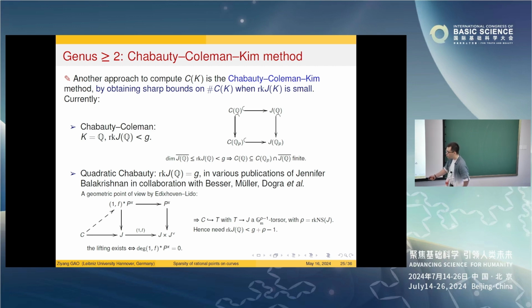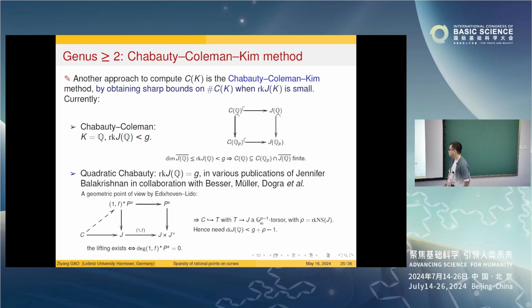So here we have the Jacobian, and we map the Jacobian to Jacobian times its dual. On this one, we have the natural Poincaré G_m-torsor. And we can try to pull it back using endomorphisms of J. So if we get a pullback, then here we get one more dimension. There's an extra G_m in the dimension. And then what we want to do is, okay, C naturally lives in J, but does C lift to that?